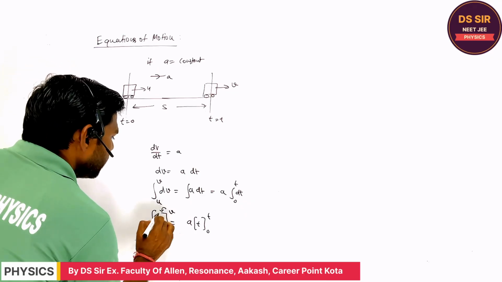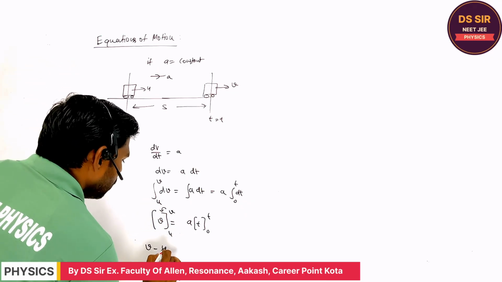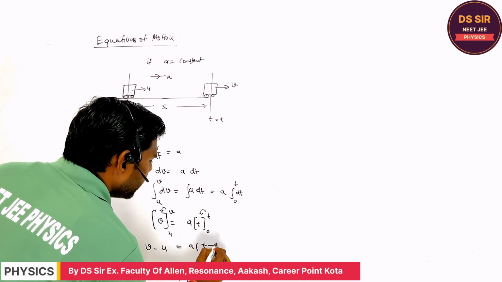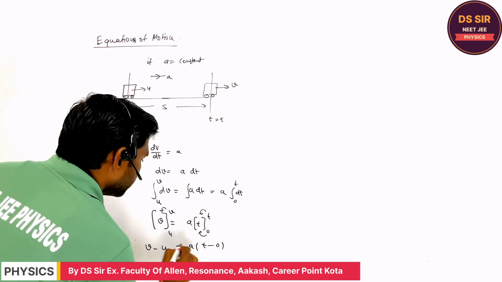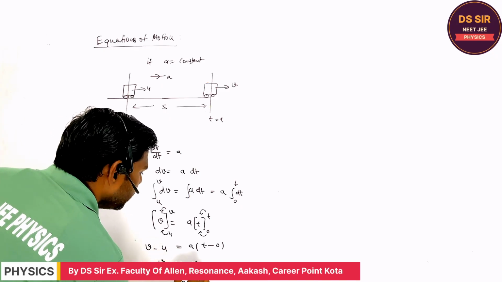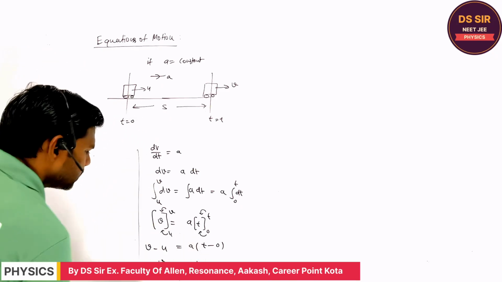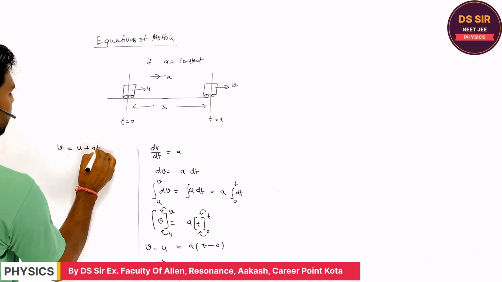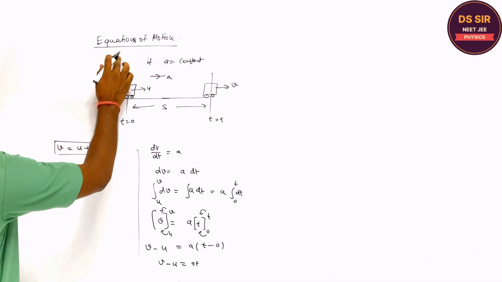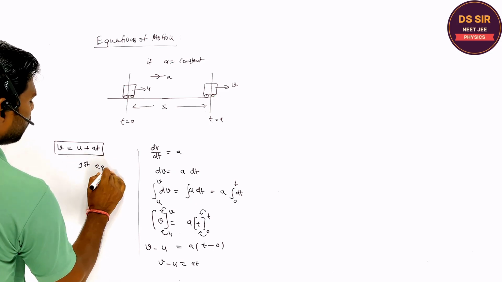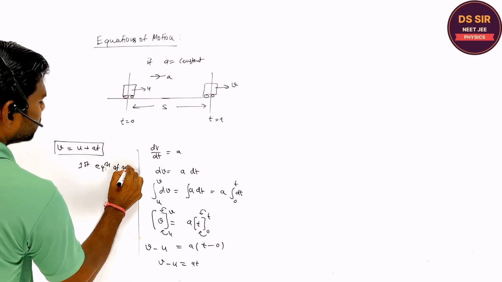When you put upper limit minus lower limit, is it clear or not? So v minus u is equal to a into t. So this is the equation v is equal to u plus at, the first equation of motion.